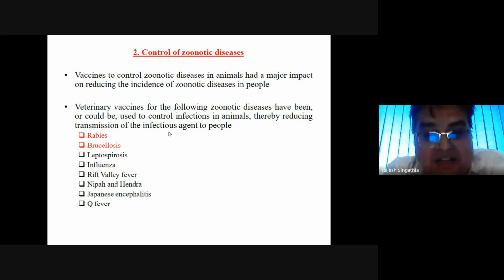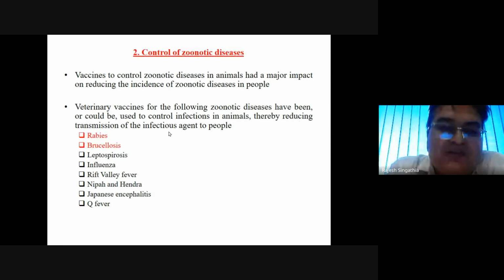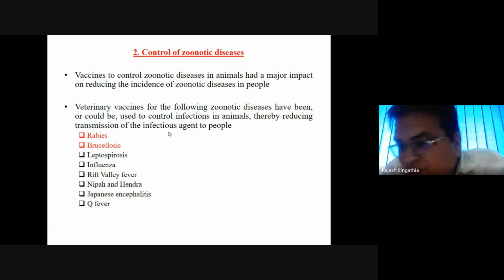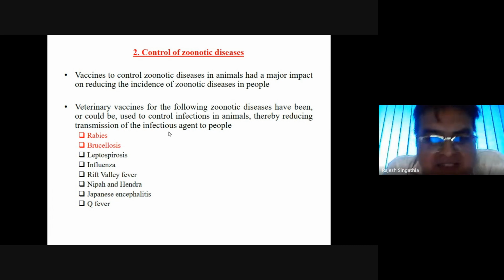There are veterinary vaccines for the following diseases: rabies, brucellosis, leptospirosis, influenza, Rift Valley fever, Nipah and Hendra virus, Japanese encephalitis, and Q fever. Like rabies: without the rabies vaccine, it is unlikely that families would be willing to keep cats and dogs as pets.